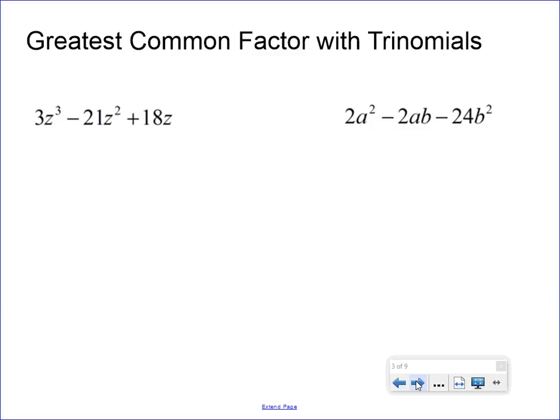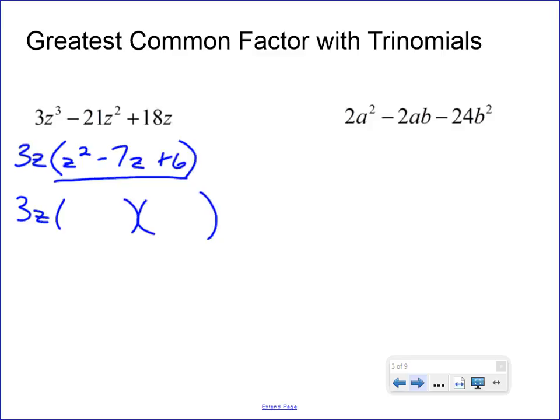Okay, next thing is if I have a greatest common factor with trinomials. We start and we put the two things together we had just looked at. So the greatest common factor in this trinomial would be a 3z. So if I factor out a 3z, I'd be left then with a z squared minus 7z plus 6. And then as you work your way down, you're now asking yourself, okay, what two things got multiplied together to give you this trinomial?